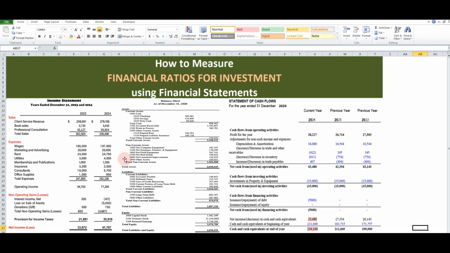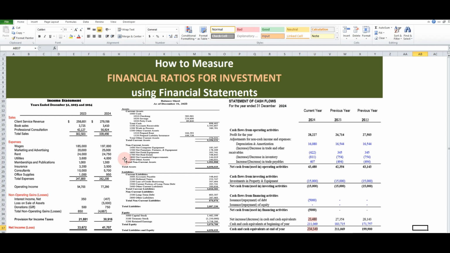Return on equity measures how effectively a company uses shareholders' funds to generate profits. To assess financial health, the debt to equity ratio highlights leverage and risk, and the current ratio ensures the company's short-term liquidity.